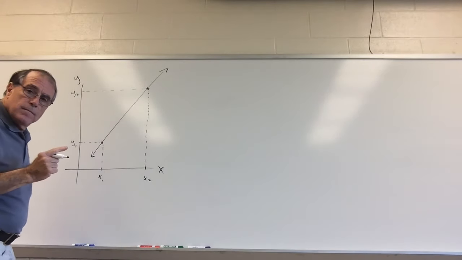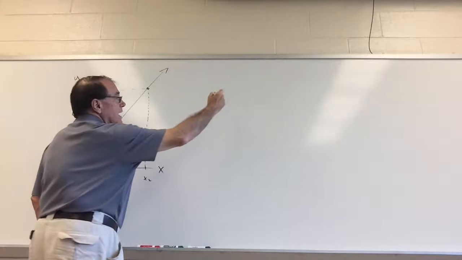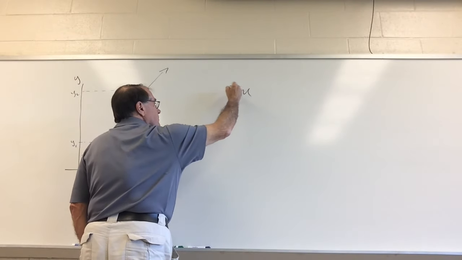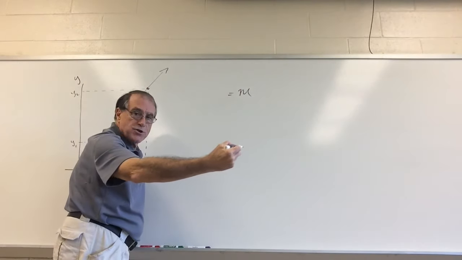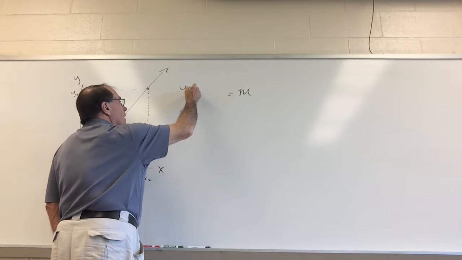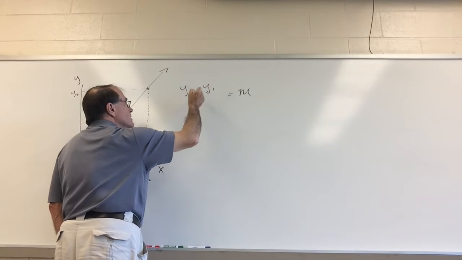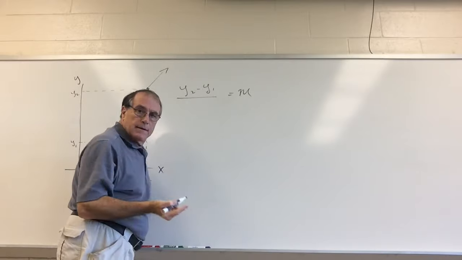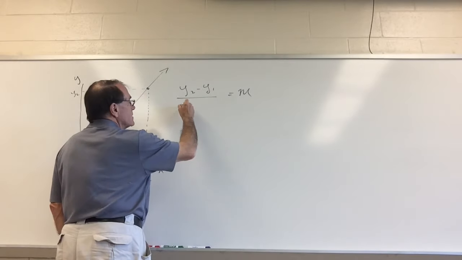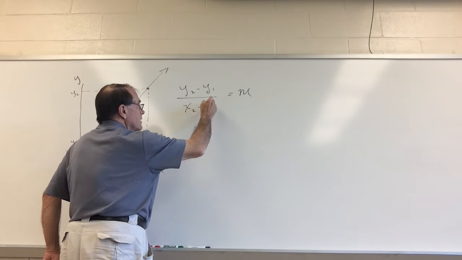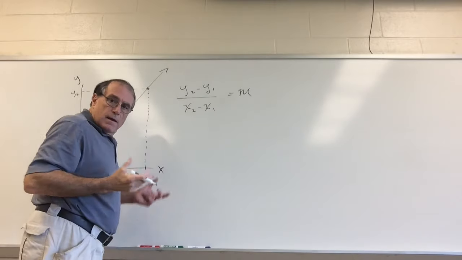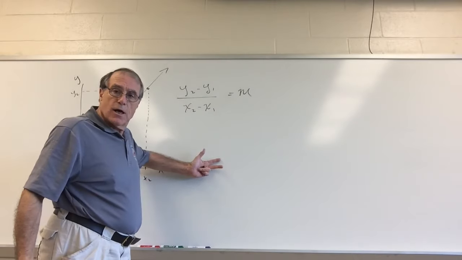Now we know the slope of this line m is the change in y, y sub 2 minus y sub 1, divided by the change in x, x sub 2 minus x sub 1. So I have my equation for slope.